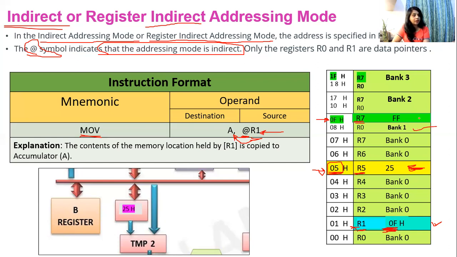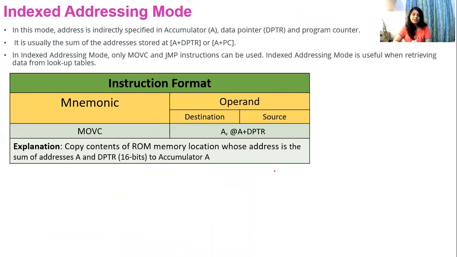This is bank 1, which holds FF. So if R1 holds 0F, then in that case it will transfer this FF into the accumulator. So I have explained the same instruction by using two different examples. I hope you understood. Now next is indexed addressing mode.